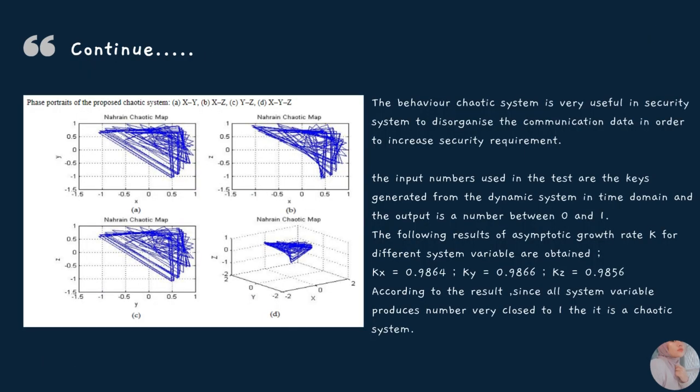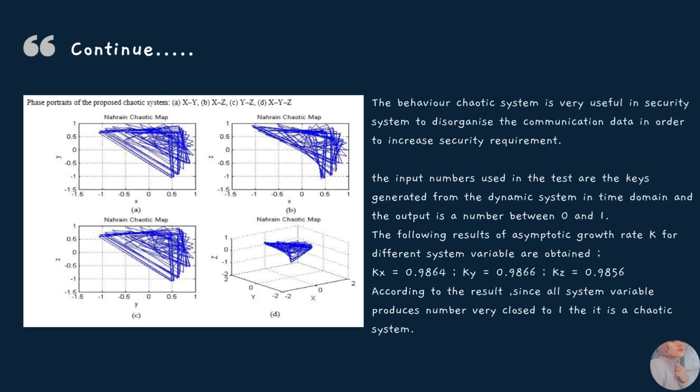The behavior of the chaotic system is very useful in security systems to disorganize the communication data in order to increase security requirements. The input numbers used in the test are the keys generated from the dynamic system in the time domain, and the output is a number between 0 and 1. The following results of an asymptotic cross-correlation for different system variables are obtained.